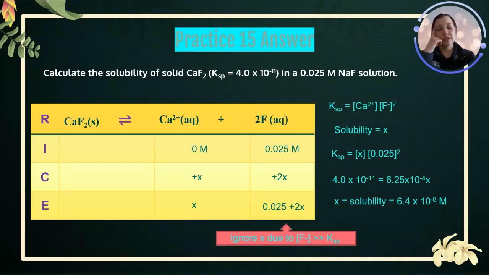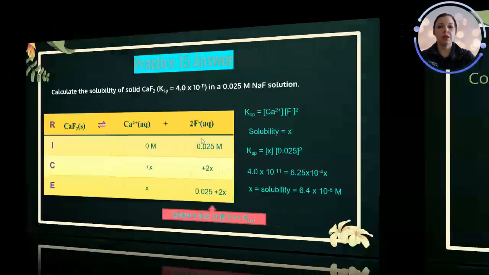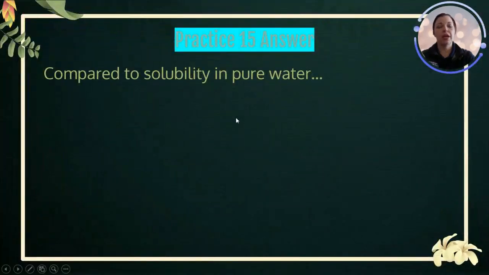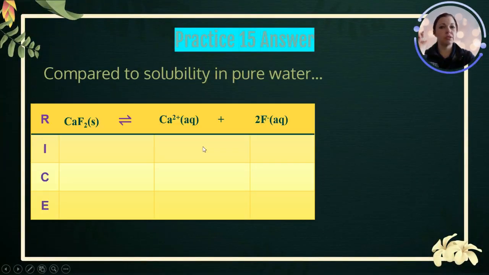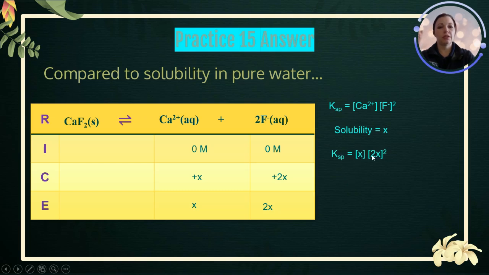So just out of interest, let's compare this answer really quick to what we would get if it was just being dissolved in pure water. I've got those calculations ready for you. This is not in your notes, but just for interest. We've got our same ICE table, except this time we don't have the common ion, so we get x and 2x. We plug that into your KSP, and you get x times 2x squared. And so that 4.0 times 10 to the negative 11 equals 4x cubed.